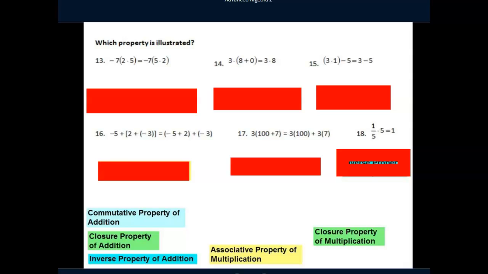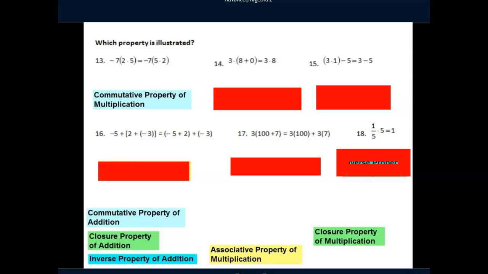In number 13, you have -7 on the outside. That doesn't change from one part to the other. On the inside, you have 2 times 5. Then you have 5 times 2. So if you change the order that you are multiplying inside parentheses, that is the commutative property of multiplication.